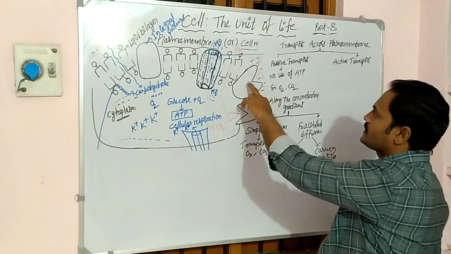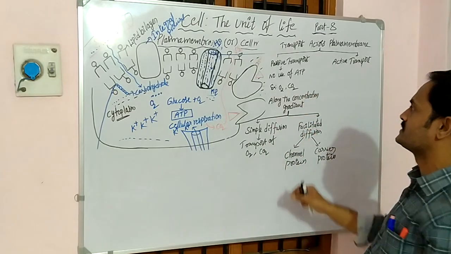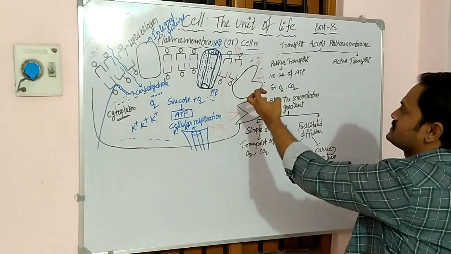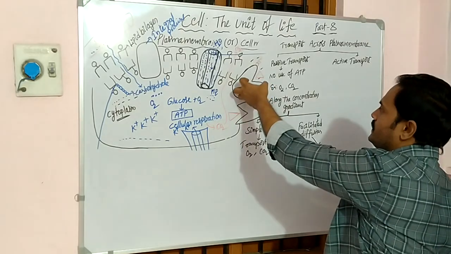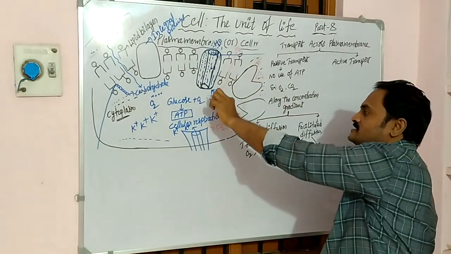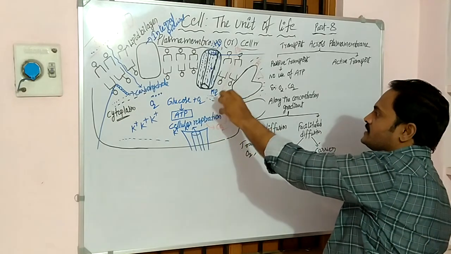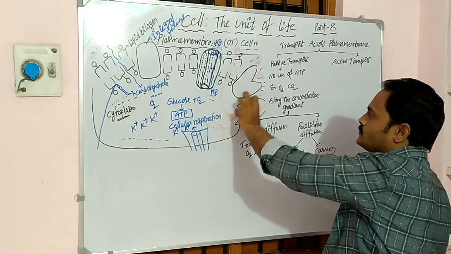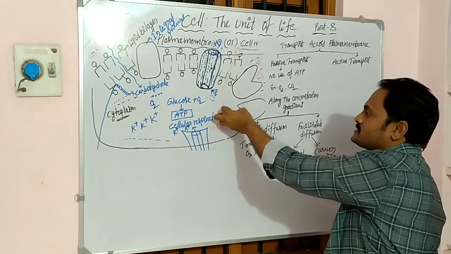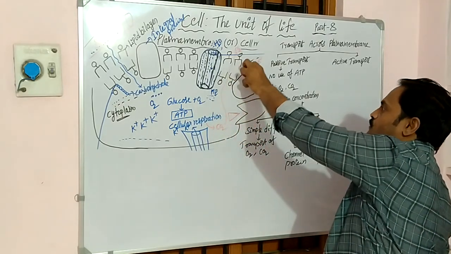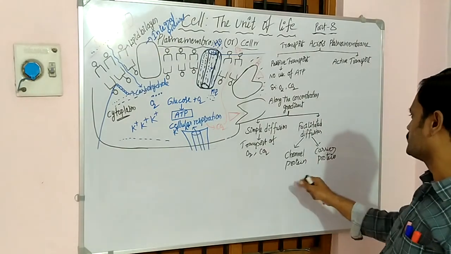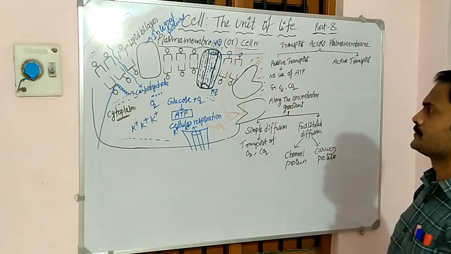From the carrier protein, some substances are carried, and after that the carrier protein rotates towards the cytoplasm and releases them into the cytoplasm. If any substance is sent to the outside, again the carrier protein carries the substance and rotates towards the interstitial fluid. That is called carrier protein.